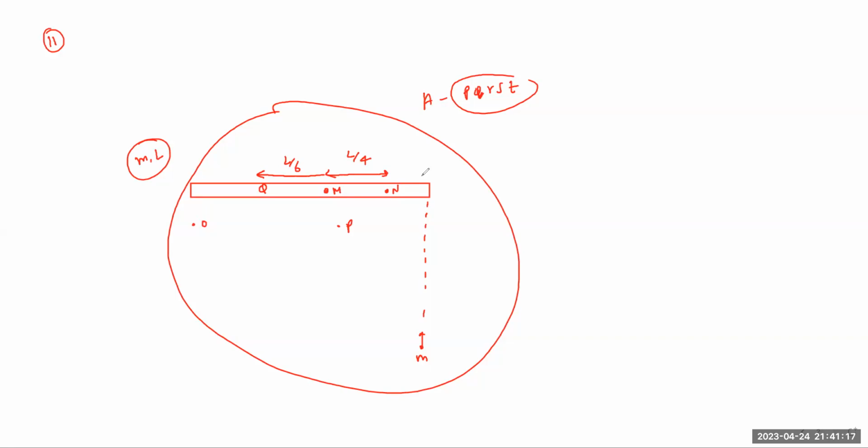Next part is linear momentum. Linear momentum conserved from points. Here, they have given the answer as PRST only, they are not giving Q. I don't think so.